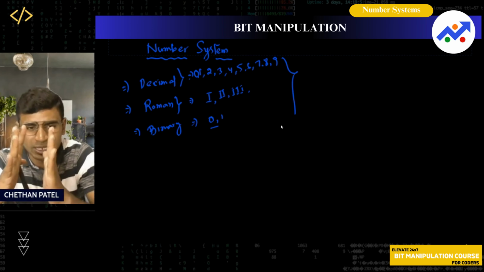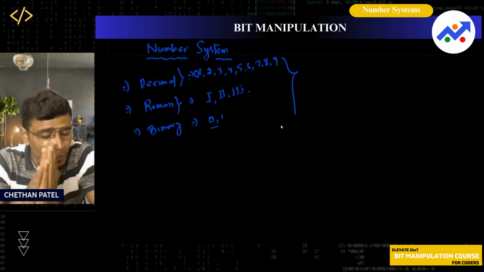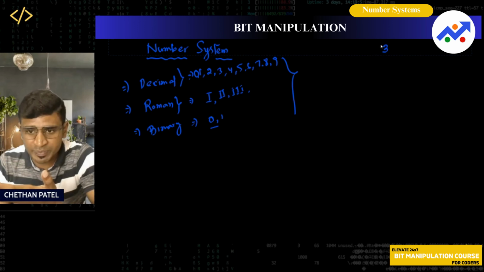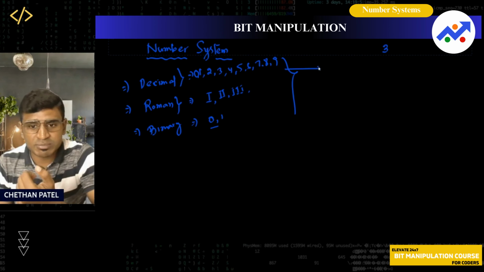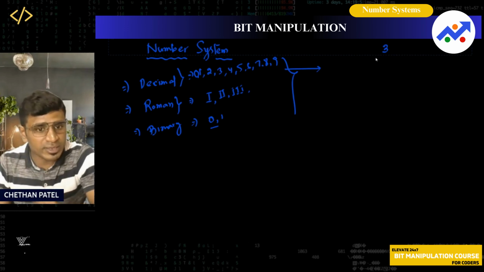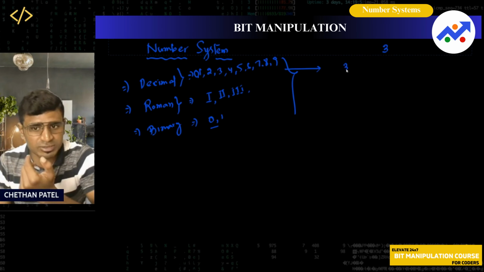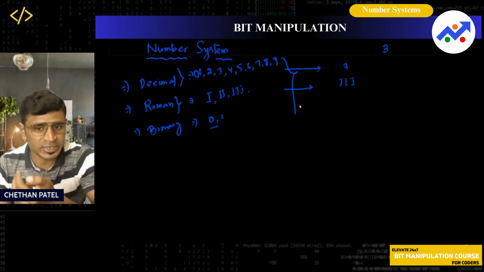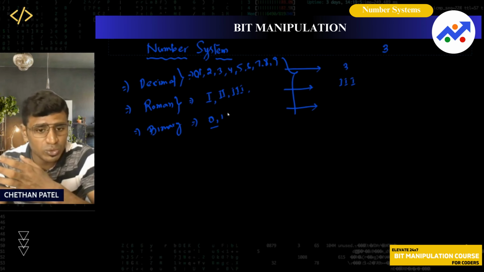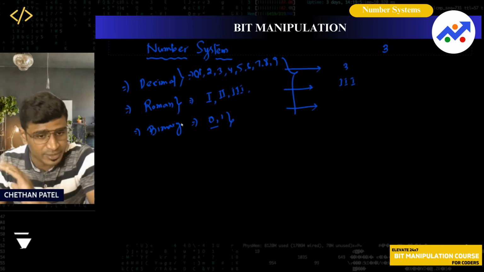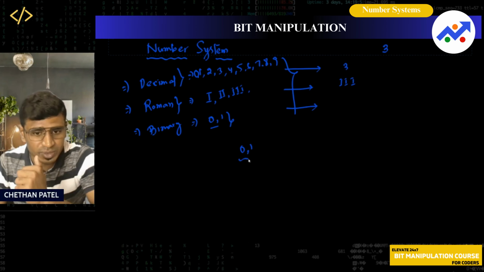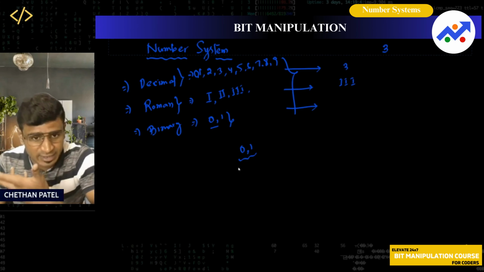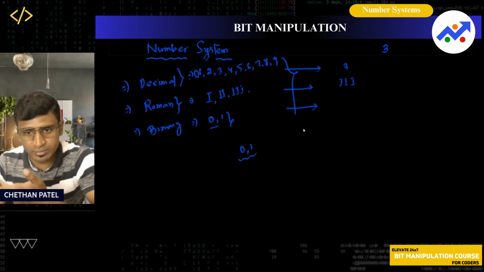Number systems are just a mathematical notation to represent a number. For example, if I take the number three, in the decimal number system, I represent this number simply as 3. In Roman, I'll use three I's to represent it. When it comes to binary, I have to represent this number with only zeros and ones. So I don't have any dedicated digit to represent three.